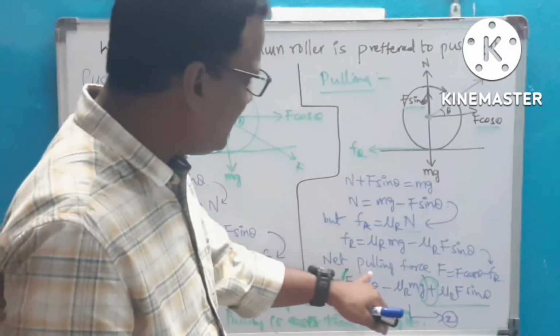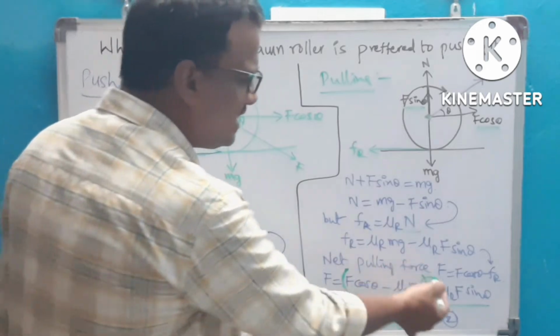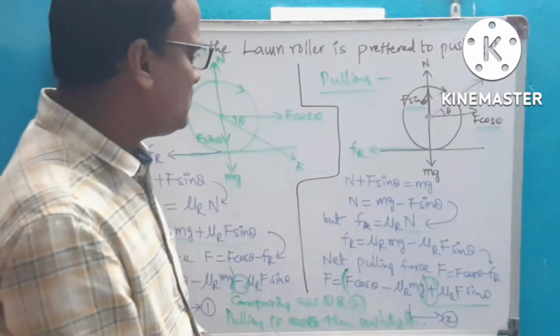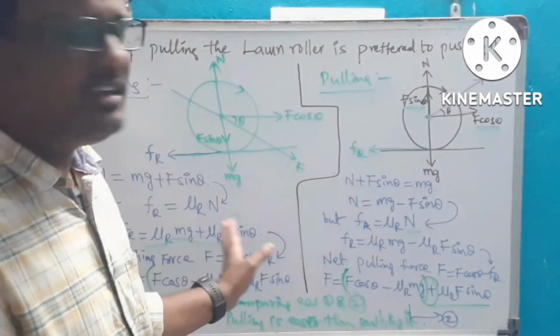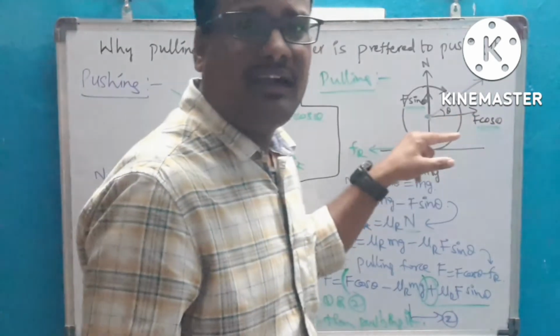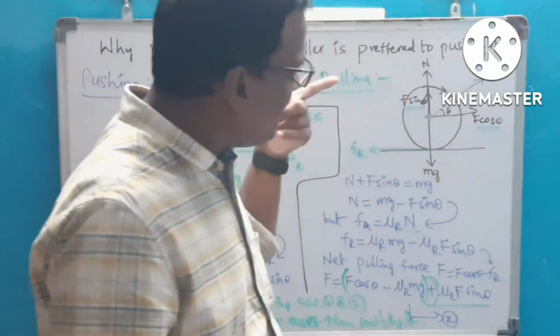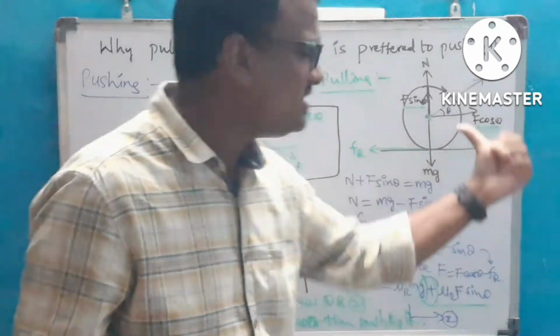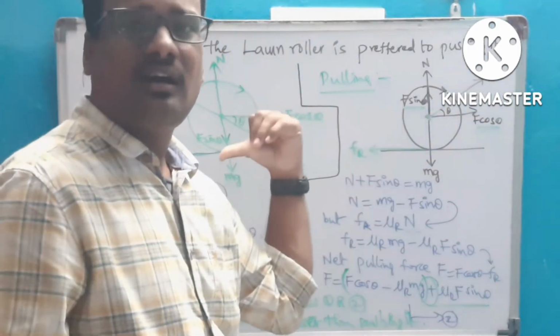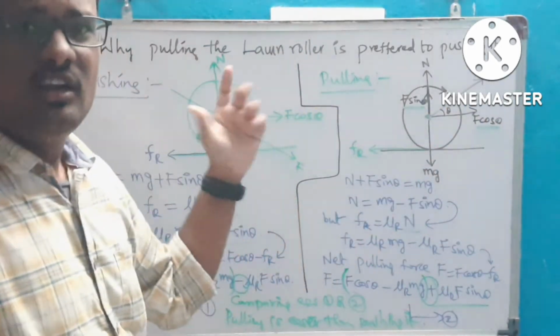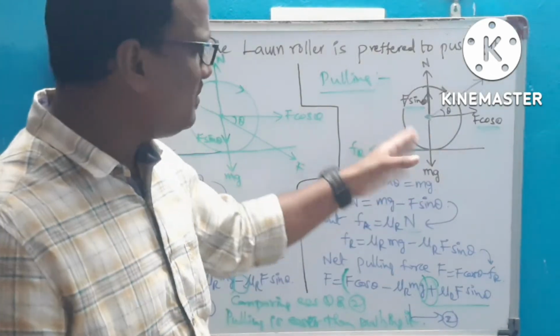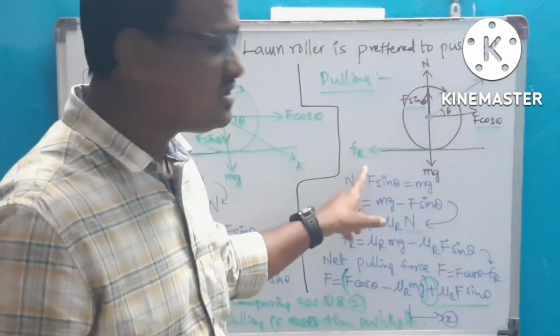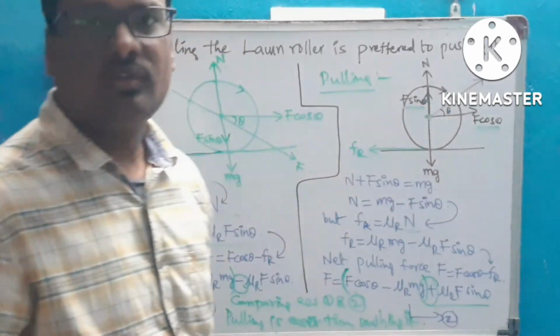Now the net pulling force F, same as in the previous case, is F cos theta, and the roller also moves in the direction of F cos theta, but Fr is acting in the opposite direction. So how do we get the net pulling force? We subtract Fr from F cos theta.